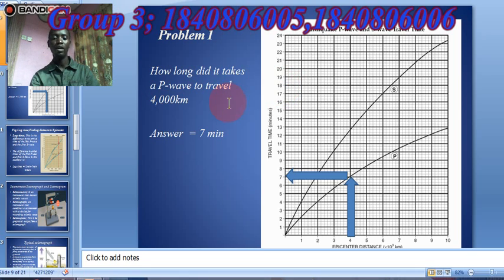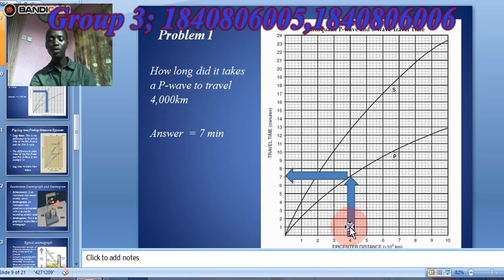Here we are given 4,000 kilometers. The question asks about time. How long did it take a P wave? So we are going to use the P wave curve, because the question is targeting the P wave.